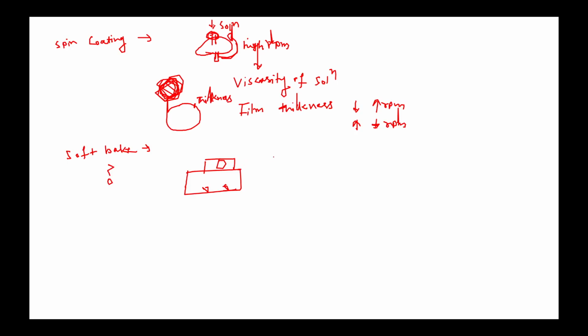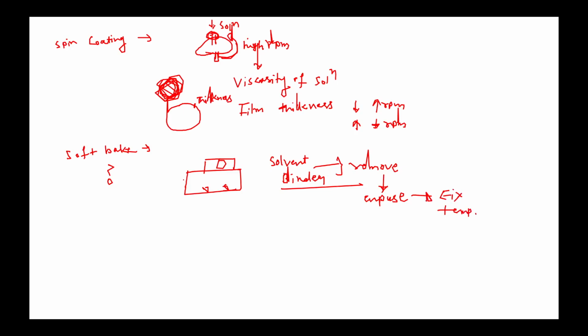Here in your solution, you will have some solvent, and it could be some binder also. In order to remove this, you have to expose your material to a certain fixed temperature.